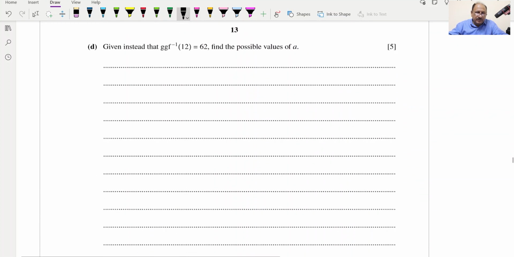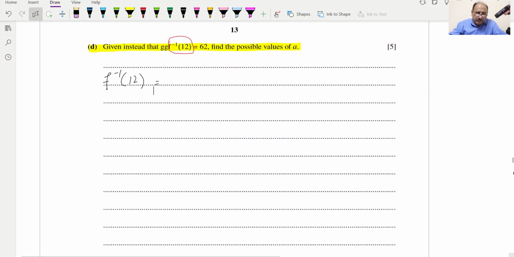Now D part, given instead that g of f inverse of 12 is equal to 60, find the possible values of a. So first of all we will take this portion, f inverse of 12. So f inverse of 12 is equal to what?